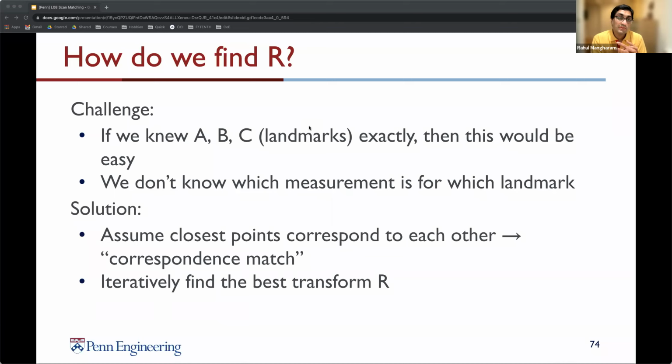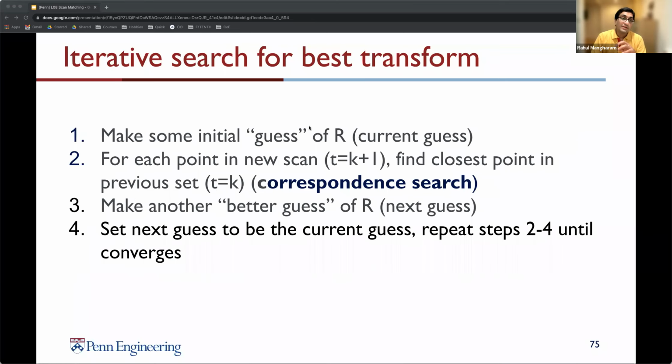So the approach that we will take here is to assume the closest points will correspond to each other, a concept that we call the correspondence match. Based off these correspondence matches, we will iteratively find the best transform R. The way the iterative algorithm works is that you make some initial guess of R, which we call the current guess.